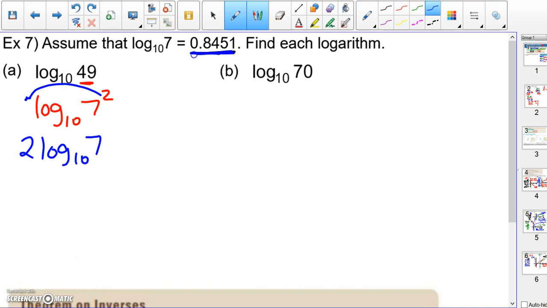But I know what log base 10 of 7 is. It is 0.8451. And so the problem becomes 2 times 0.8451, which is 1.6902.